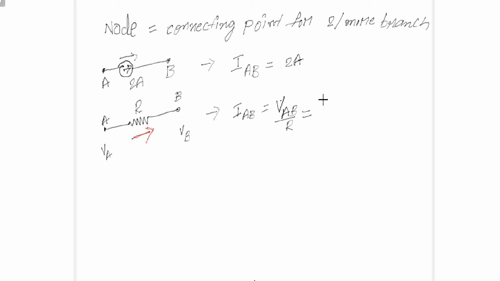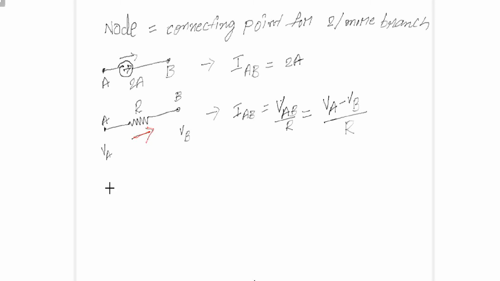VA minus VB, because we have to indicate always current flows from higher potential to lower potential. So here the higher potential is VA, because the current is moving from VA to VB. So VA minus VB by R.